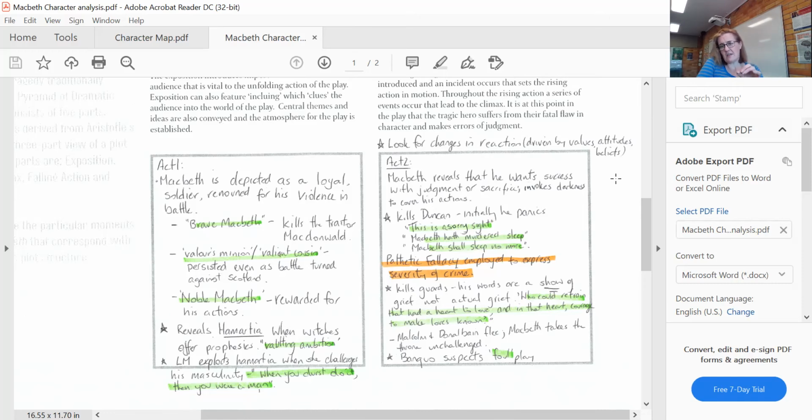And I've identified there in Act 2 that literary device that I mentioned in my previous tutorial of pathetic fallacy. So the importance of pathetic fallacy for us in Act 2 of this play is that it's highlighting just how awful this crime is.